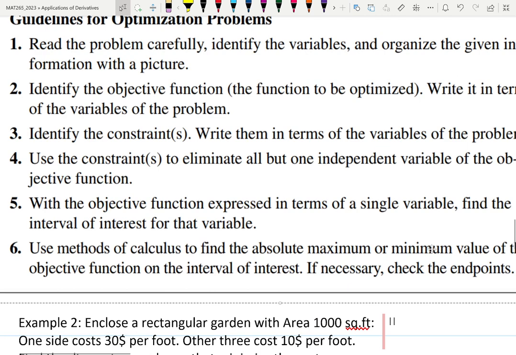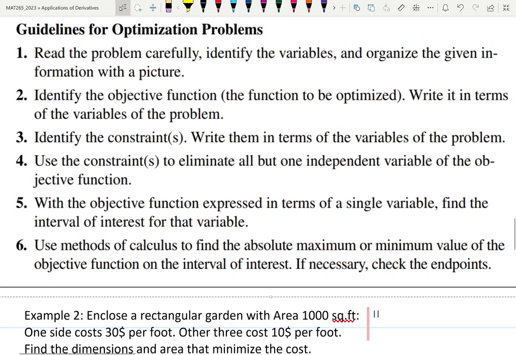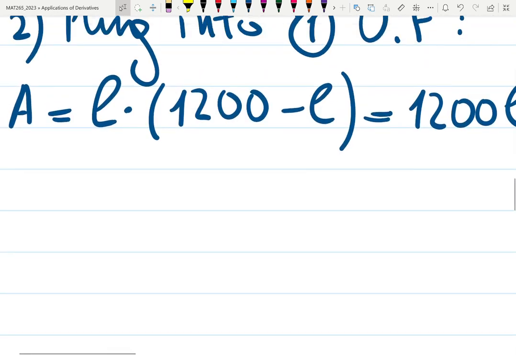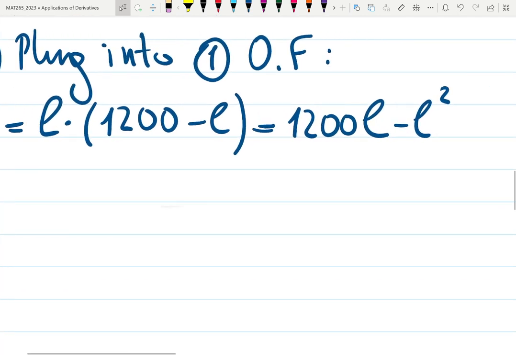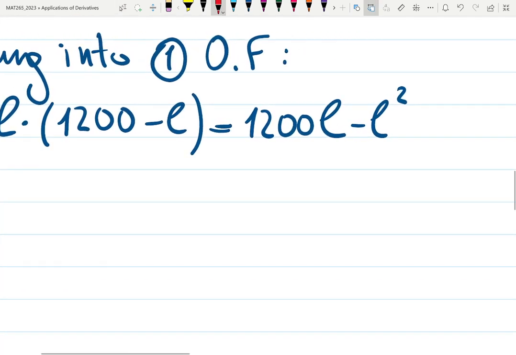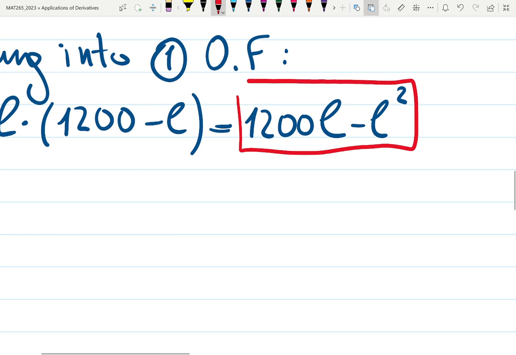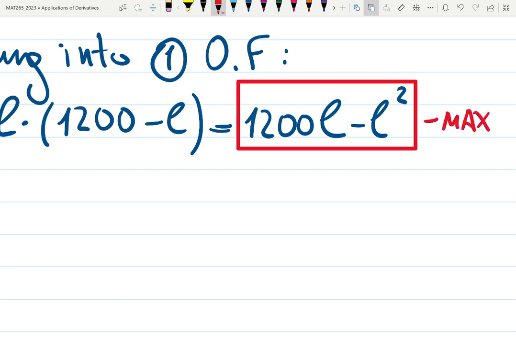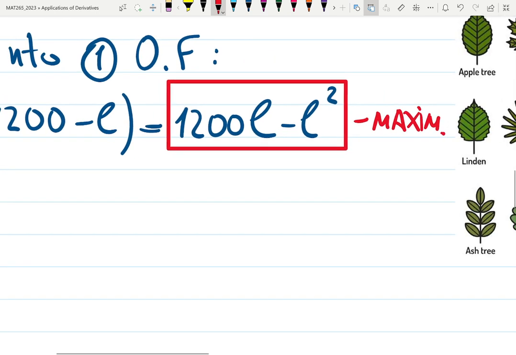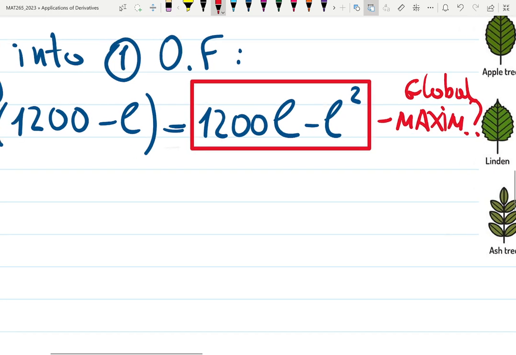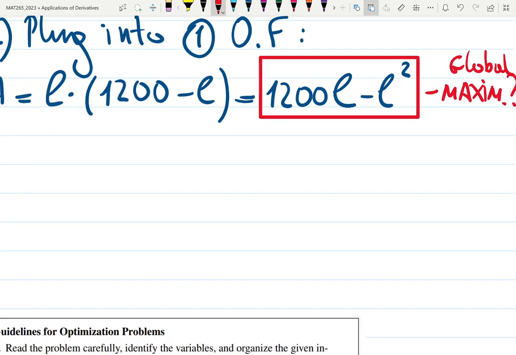Find the interval of interest, find the max or min. Interval of interest is a weird phrase. I will ask you in a second, what do you think it is? Put this in the box, this is important. Because we need to maximize this, maximum. What is the maximum? And also we're looking for the global one. We want the biggest area, the biggest one.